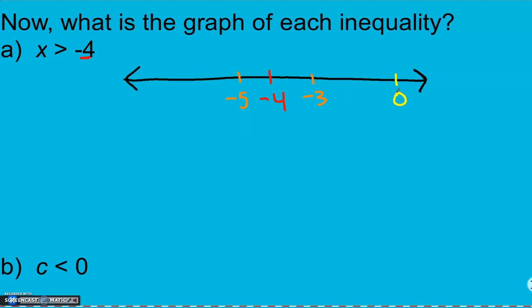I don't need every number, but I need to know that 0 is off to the right there. I put a circle at my boundary point, and I look at my inequality. Here it's not equal to, so I don't fill it in. I leave it as an open circle. And then we want numbers that are greater than -4, like -3 and 0 and anything positive. So we shade everything on the side that has our solutions.